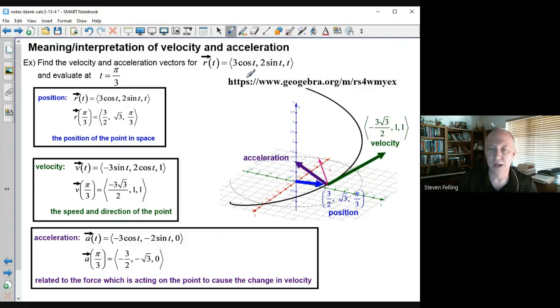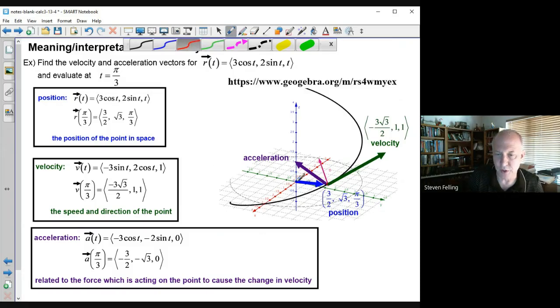Right, so if you were to plot these position, velocity, and acceleration vectors at the time pi over 3 for the parameter, you get something like this, right? So our position vector, I'm going to use red to highlight here, is from the origin to that point at that time, right? That's r. And then the velocity vector happens to be this way, right?